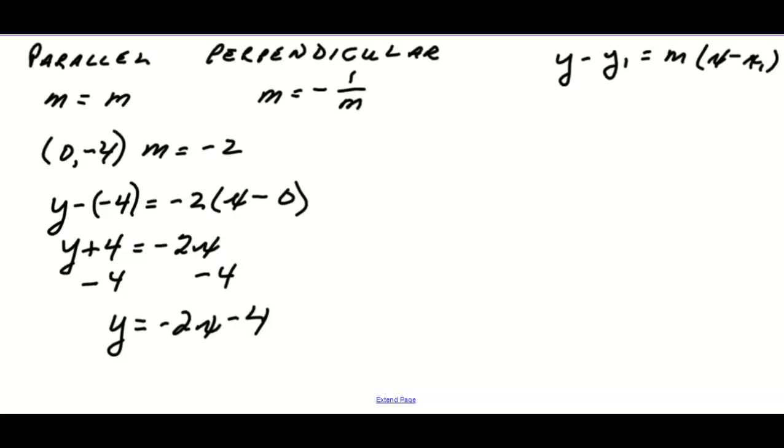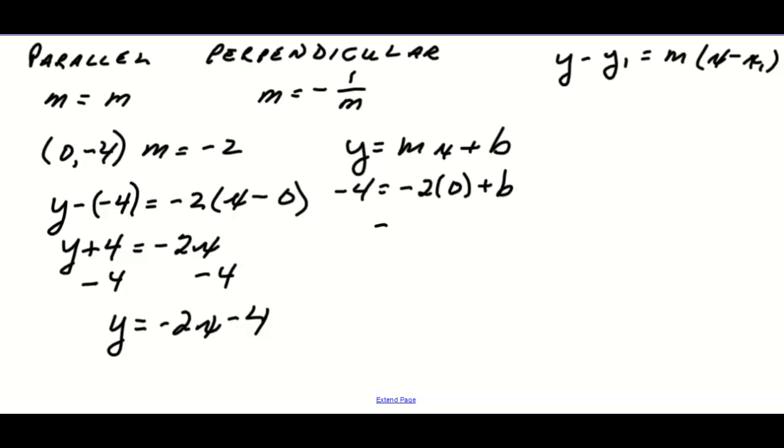However, I like to use a different approach, which is y equals mx plus b. That's our standard formula. What I'm trying to do here is figure out what b is by plugging in every value I know. I know that y is negative 4. I know that the slope is negative 2. I know that x is 0, and then plus b.